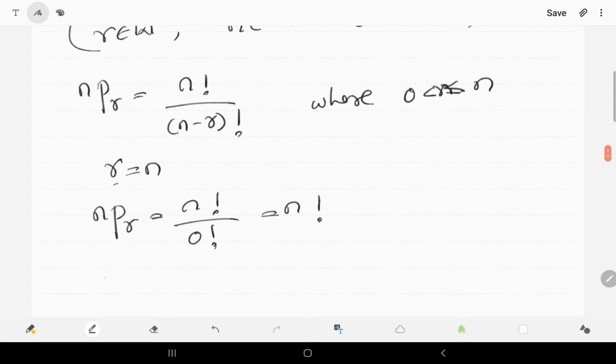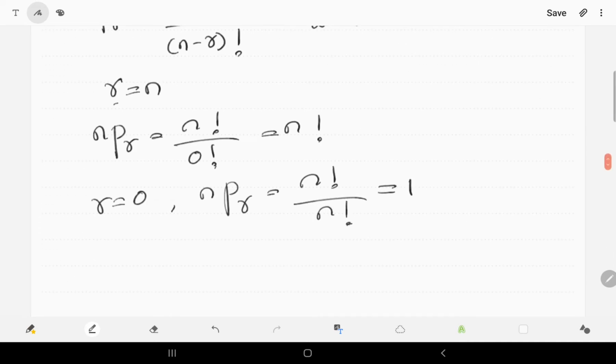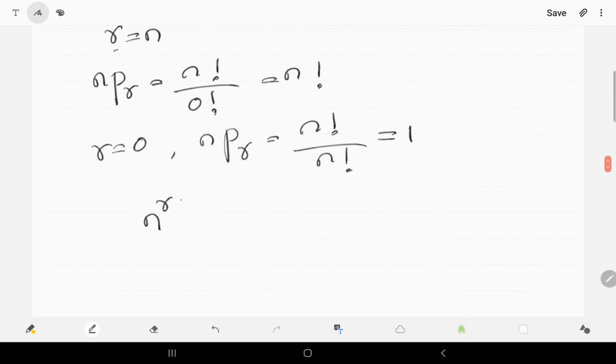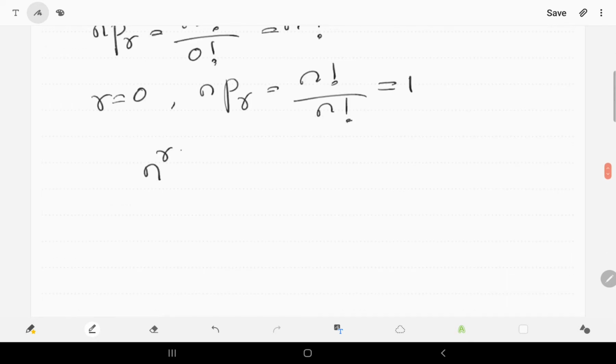When r is equal to 0, nPr becomes n factorial divided by n factorial, that is equal to 1. The number of permutations of n different objects taken r at a time where repetition is allowed is n raised to r. These are the three conditions. Let us solve some problems.